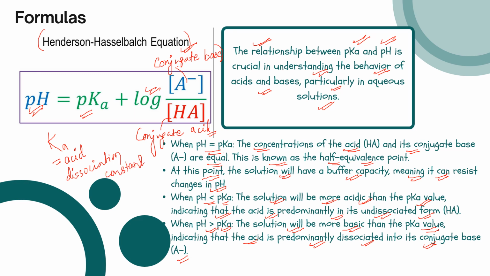Acid dissociation means how the acid will be breaking, that is the acid dissociation constant. Basically it measures the strength of the acid. It is a measure of the strength of acid, that you should know.